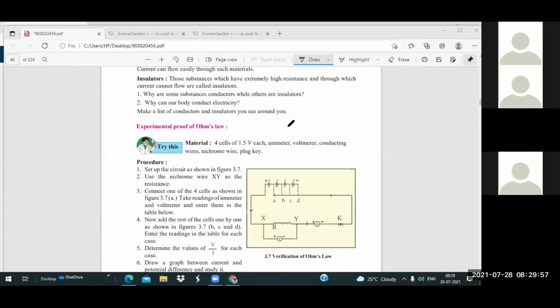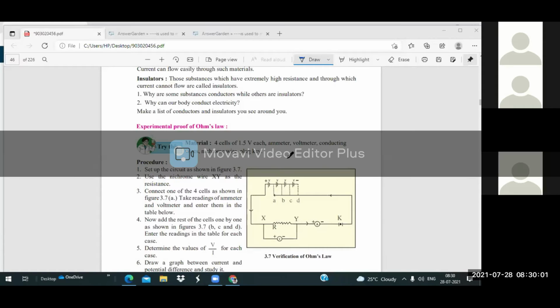Now we have to see the experimental proof of Ohm's law. Already we have seen Ohm's law. So who will tell me about Ohm's law? Who will tell the definition of Ohm's law?